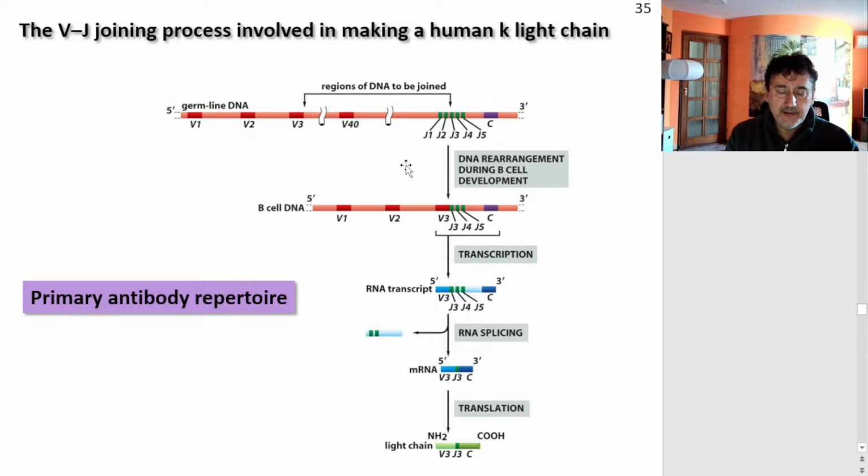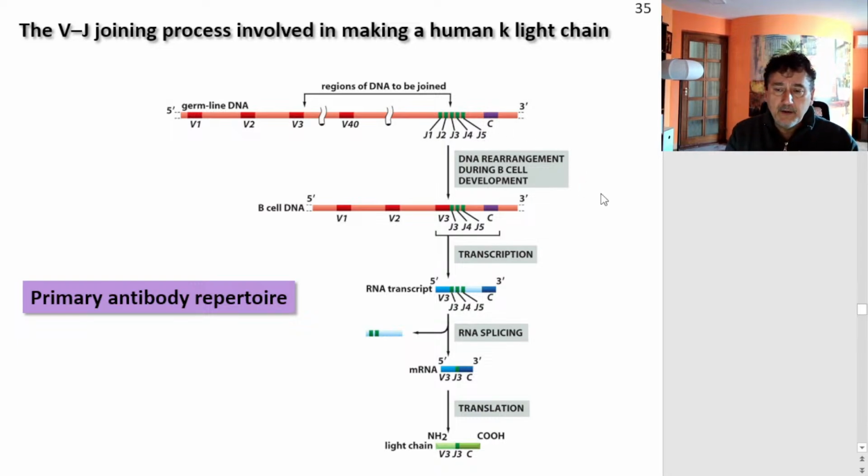And as you can see, there are different domains. Within the V regions there are V1, V2, V3, V4, V22 and V40. So many. And there are some joining regions.